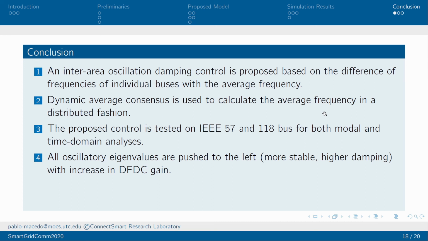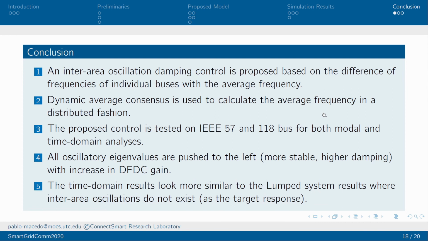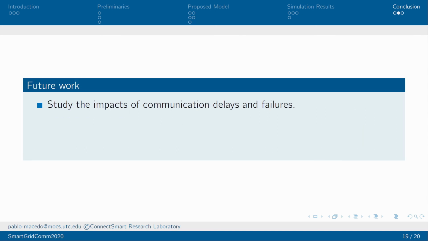All the oscillatory modes, the eigenvalues, are pushed to the left as we showed, which shows a more stable behavior of the power system. And finally, the time domain results look very similar to the lumped system, which is the ideal result for such disturbances that we applied on the power system.